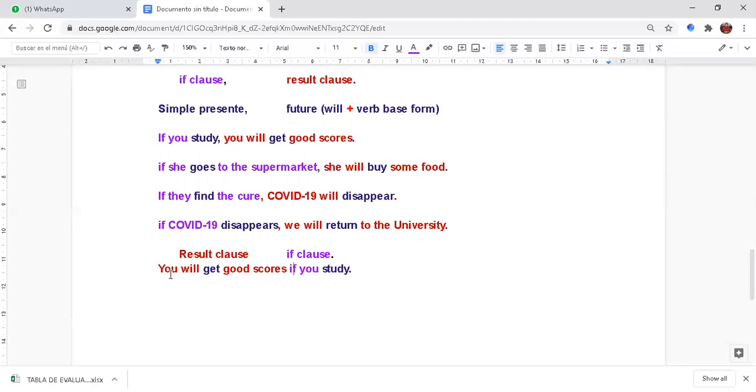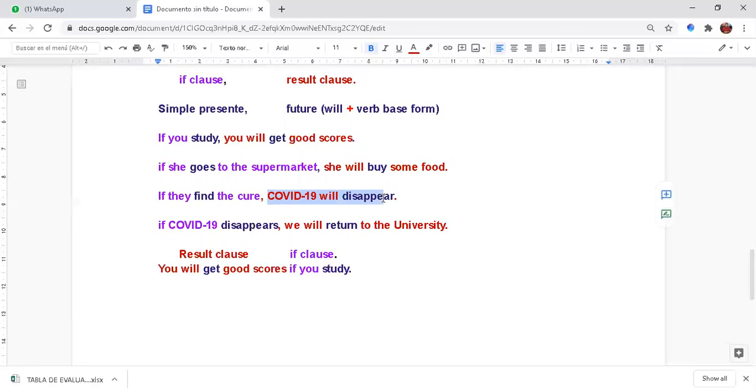So: you will get good scores if you study. Do you notice we are just exchanging positions? First the result, then the if clause. We can copy this as well.